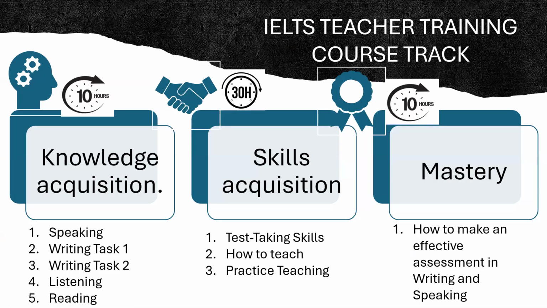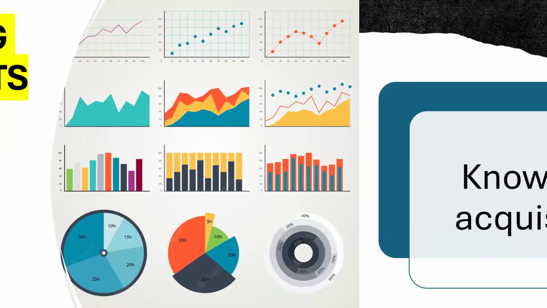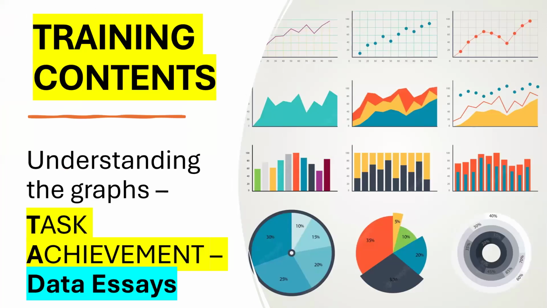In the last few trainings, we covered IELTS speaking and everything we need to know on how to upgrade our skills and our score in IELTS speaking. Today, our main focus is IELTS writing task 1, focusing mainly on task achievement.